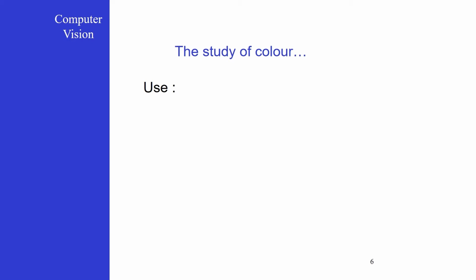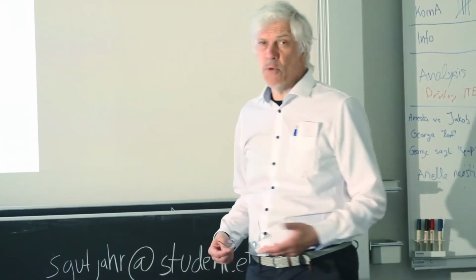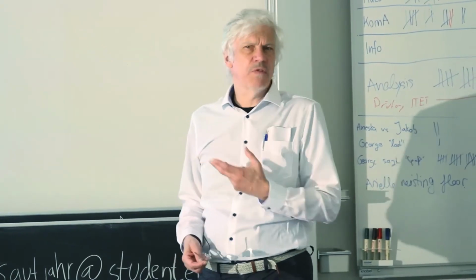So why would we want to study color in the first place? Well, of course, it's pleasing to the eye. Humans experience color, we can see color, we take photographs that have color, we watch color television, cinema. So it's so much nicer if we know how to deal with color, if we know how to quantify color.